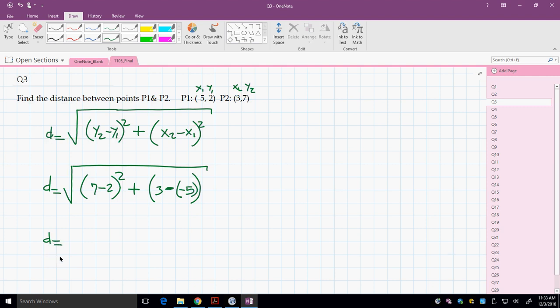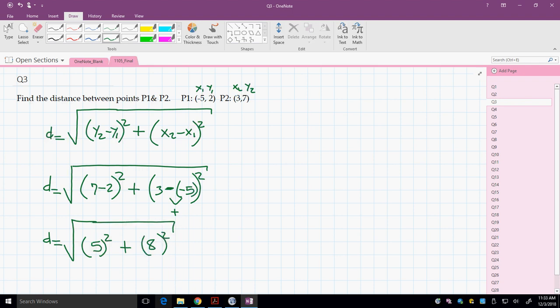Distance equals, inside the parentheses, 7 minus 2 is 5, raised to the second power, plus 3 minus negative 5. A negative times a negative gives me a positive, so 3 plus 5 gives me 8, and all this is raised to the second power.